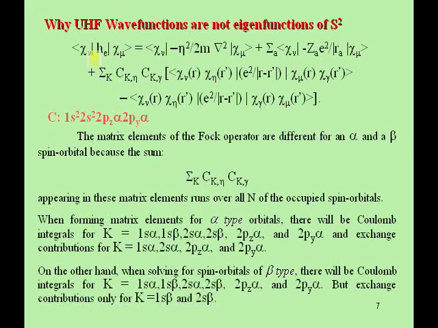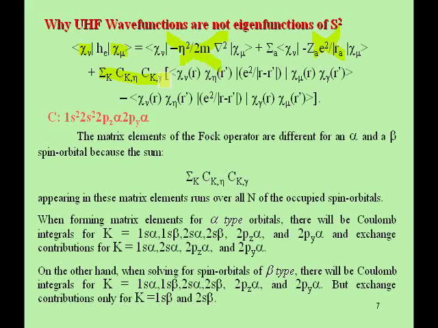But let's just pretend for a minute you're forming the alpha Fock matrix. So you're pretending that this chi nu and chi mu relate to alpha spin orbitals phi. Well, the main thing where the spin comes in is not in the kinetic energy and nuclear attraction; there's nothing spin dependent there. But down here, the sum over k is a sum over all occupied spin orbitals. So, for example, k will be 1s alpha, 1s beta, 2s alpha, 2s beta, 2px alpha, and 2py alpha.